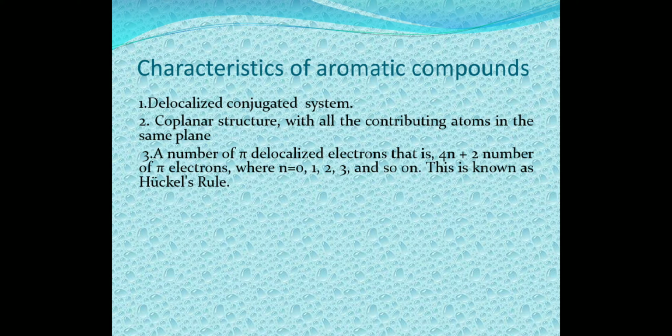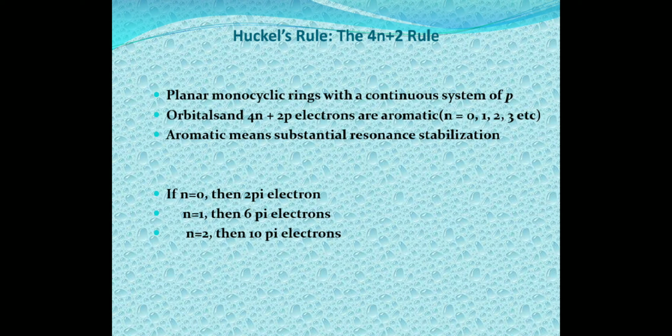And number three, and the most important, the number of pi delocalized electrons must be equal to the number given by Huckel, that is 4n plus 2, where n is equal to 0, 1, 2, 3, and so on. This rule is known as Huckel's rule.